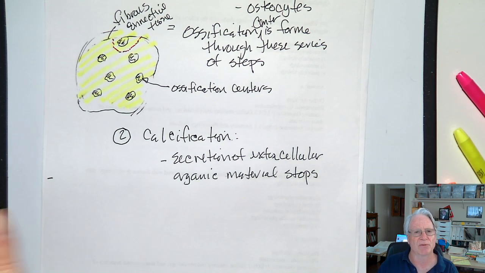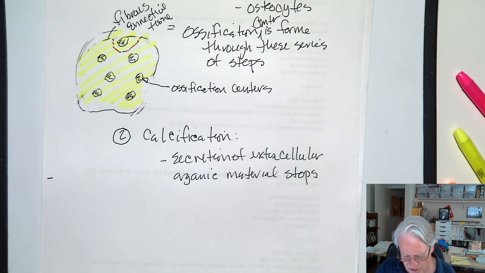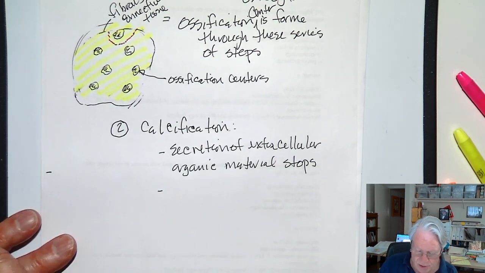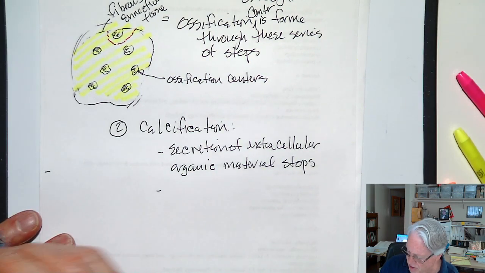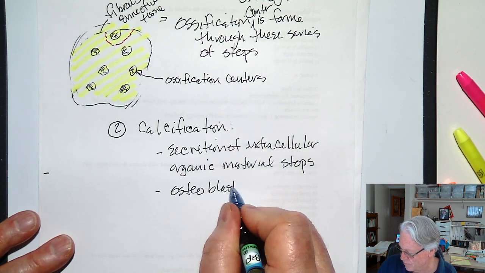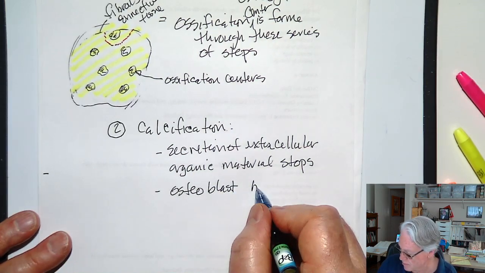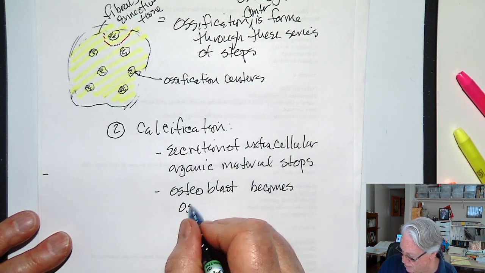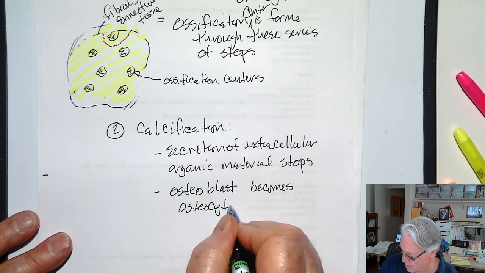So we've laid down those fibers, and once they're in place, the secretion stops. And that is when the osteoblast becomes an osteocyte.